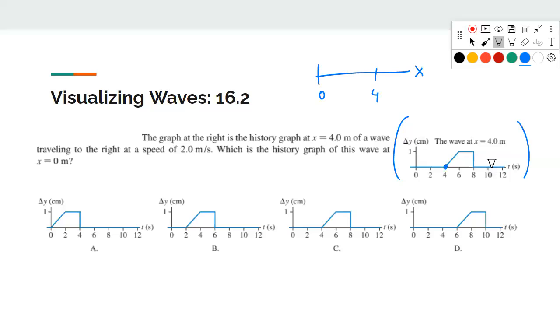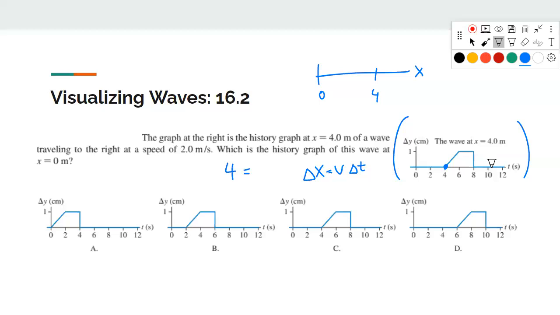So they tell us that it moves at 2 meters per second. So we can ask, at what time would it be at position 0? It's just a matter of using this delta x equals v delta t function. If it were 4 meters earlier, so instead of position 4 at position 0, then our delta x would be 4.